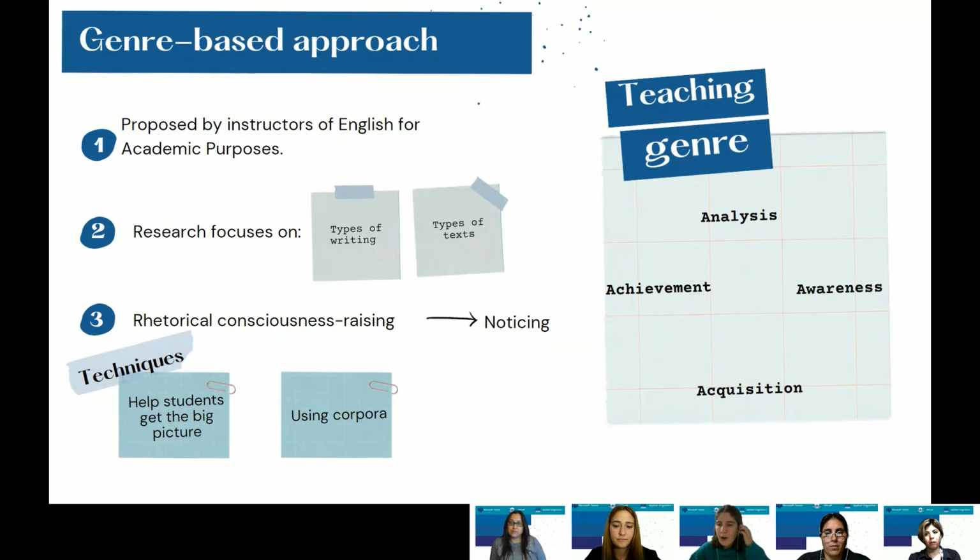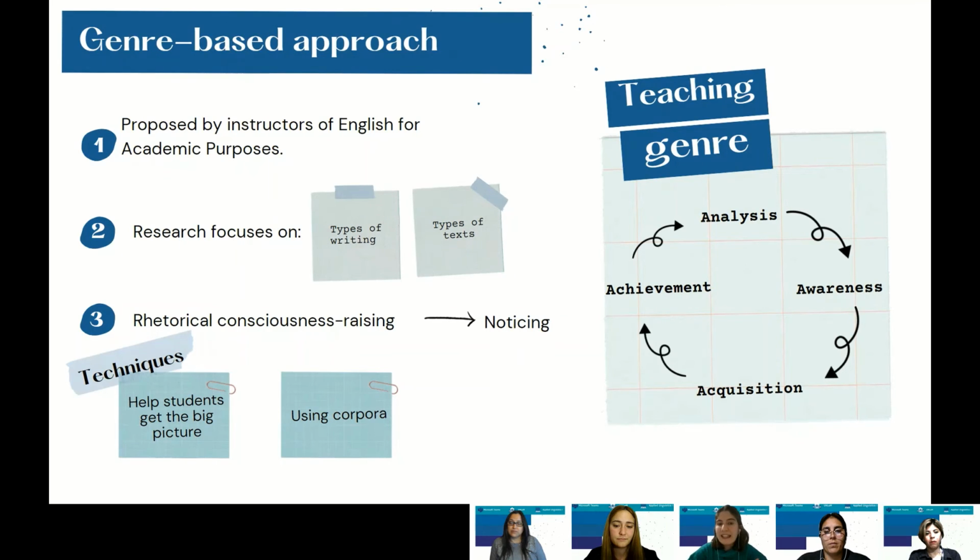Which pronouns do they use? And then, on the other hand, we have using corpora, for example, Google Scholar, as a resource to recognize patterns, noun phrases, and collocations that could be useful for particular genres.